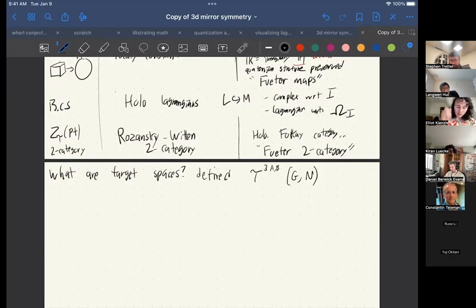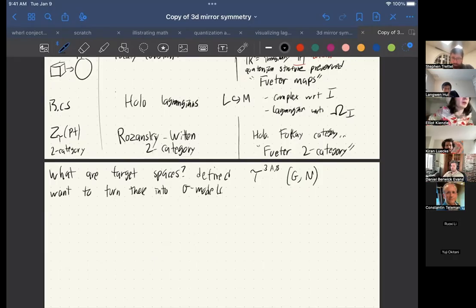So we want to find some way to turn these into sigma models, and that is, we want to build a hyperkähler space associated to G and N such that the quantum field theory will be identical to the quantum field theories I outlined above, applied to that particular space.